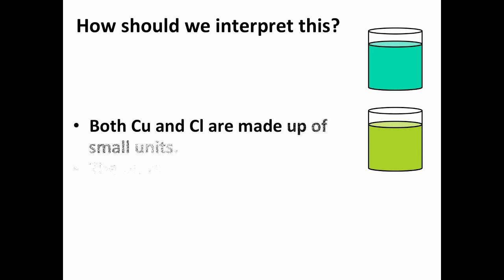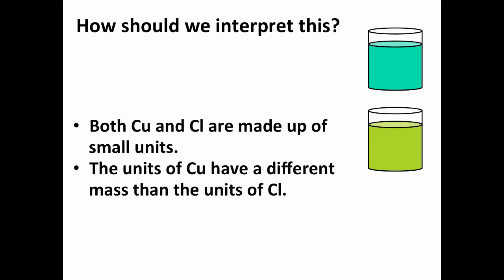Well, one plausible explanation is to note that copper and chlorine are both made up of small units. That's actually something due to John Dalton, thinking of elements as being made up of small units, which we now know as atoms. And then units of different elements have different masses. So atoms of copper and atoms of chlorine have different masses.